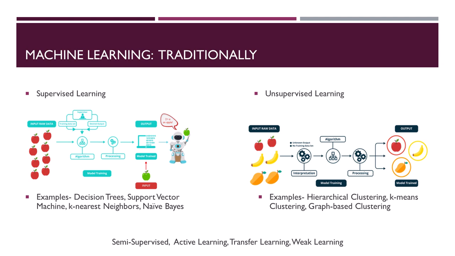Whereas in unsupervised learning, what happens is that we do not tell the model or provide any guidance to the model. Like, we do not tell the model that these two fruits are apples, or these two fruits are a banana, or these two fruits are mango, right?